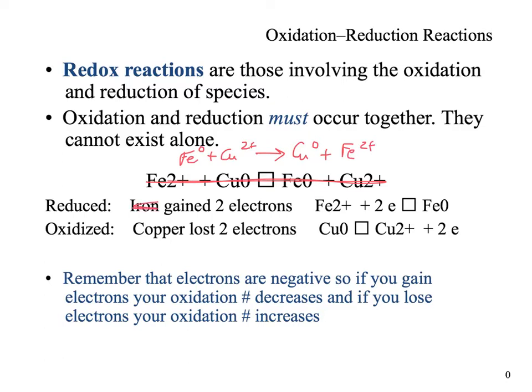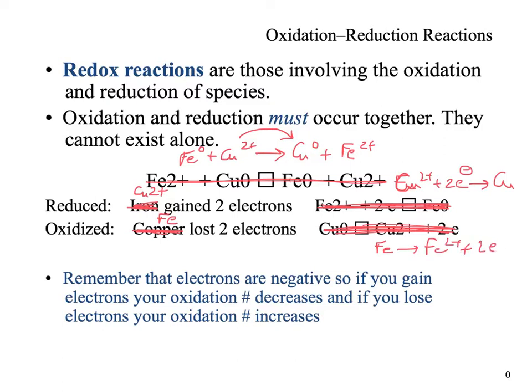In this process, hopefully you can see that Cu2+ has gained electrons in going from Cu2+ to Cu0. Likewise, Fe has lost electrons, and so your two half reactions, as they're called, are going to be Cu2+ plus 2 electrons, giving you Cu, and Fe giving you Fe2+ and 2 electrons.